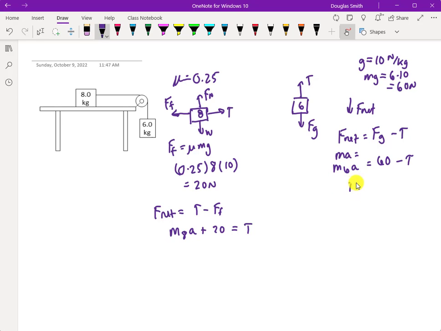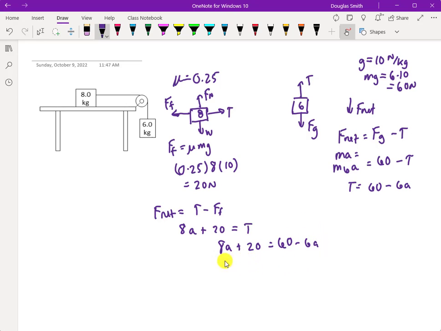So I'm going to rearrange this. T is equal to 60 minus 6A, 6 being the kilograms. And this, I can just say that's 8 kilograms. So these two are equal: 8A plus 20 is equal to 60 minus 6A. And now we can solve for A.